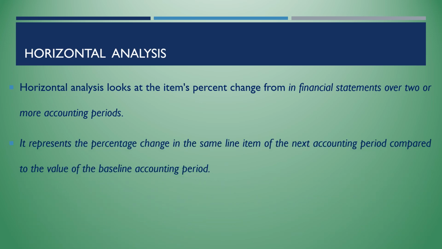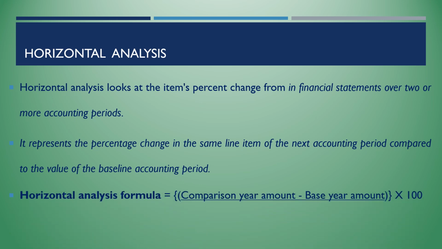It represents the percentage change in the same line item of the next accounting period compared to the value of the baseline accounting period. So let's see how we are going to calculate it. First, we have to take the difference between the comparison year and the base year, and then this difference should be divided by the value of the base year amount.